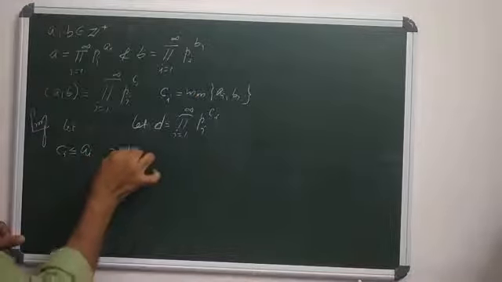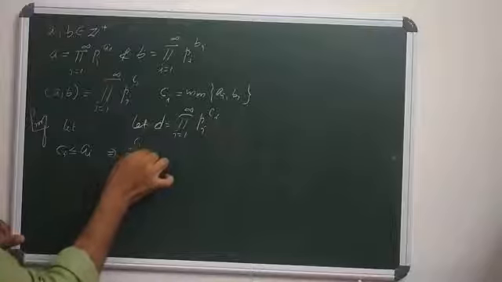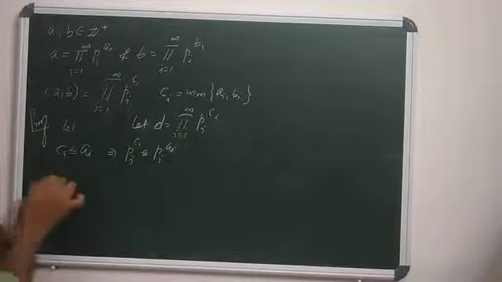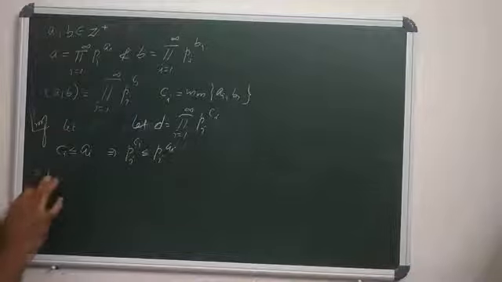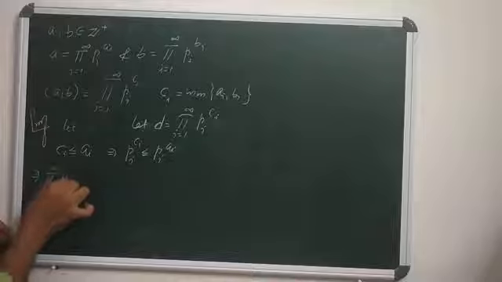ci less than or equal to ai means that for any prime pi, pi power ci is less than or equal to pi power ai. Clear? That means the product of pi power ci is less than or equal to the product of pi power ai.